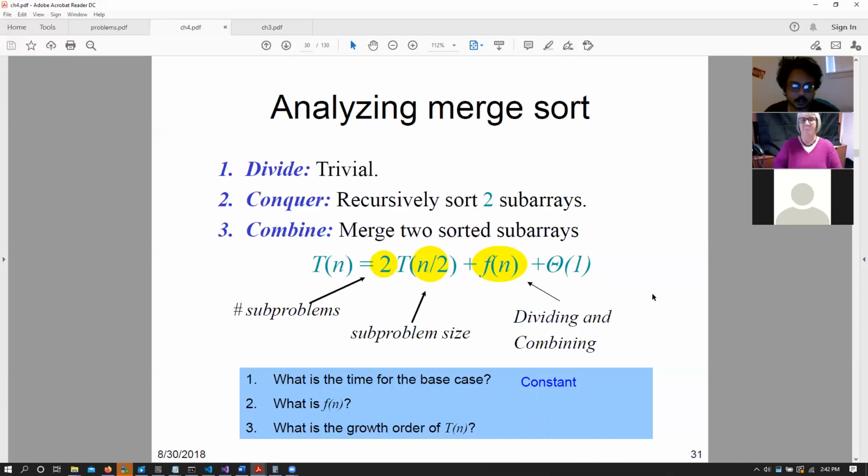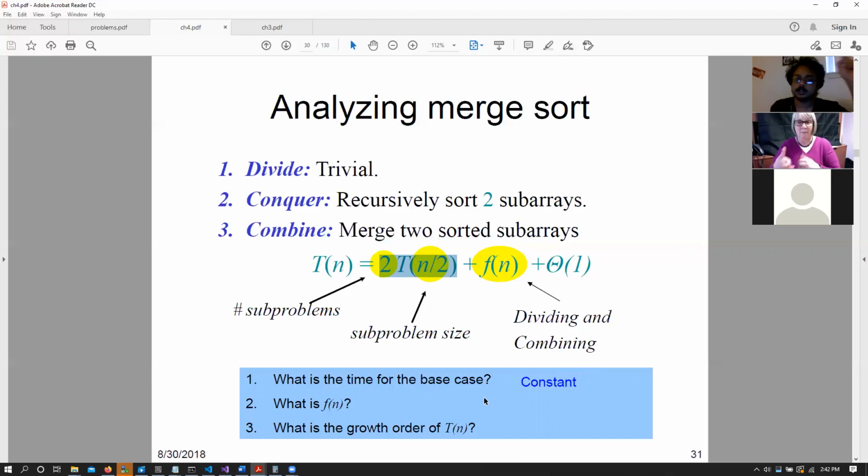Okay. So let's start with our lecture. Last time we were talking about recurrence relations, and you already had a quiz about that. Recurrence relations have three main components. The first part is how you are going to divide your subproblems. For merge sort, it was dividing the array into two halves and then sorting those two halves separately.